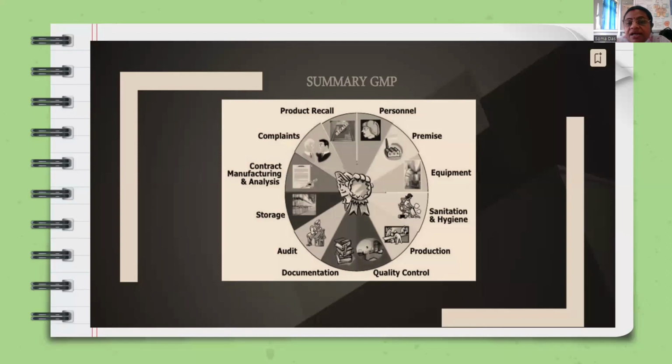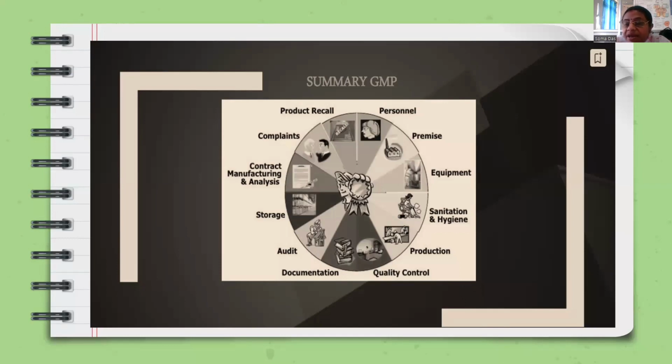So the summary is that GMP covers quality control, production, sanitation and hygiene, equipment, premises, personnel, product recall, complaints, storage, audit, and documentation. These are the major parts that make up a GMP deliverable product.